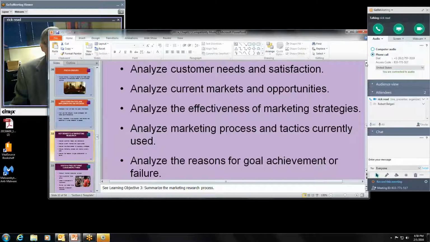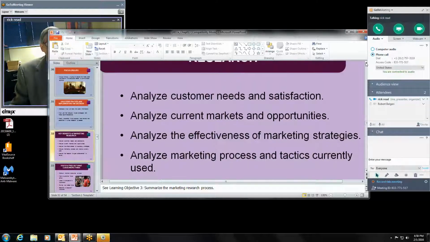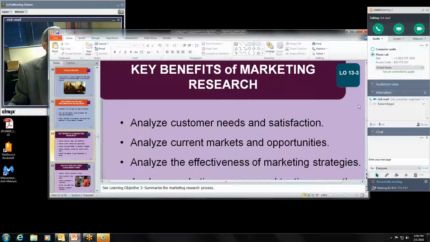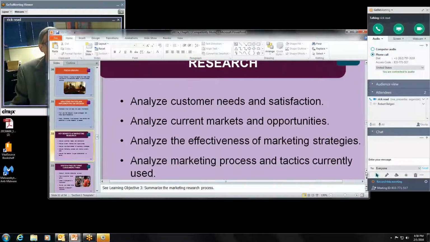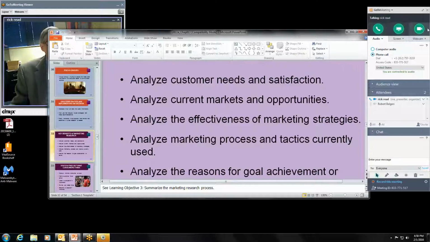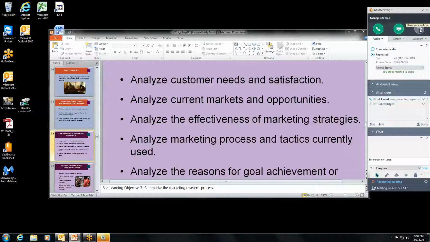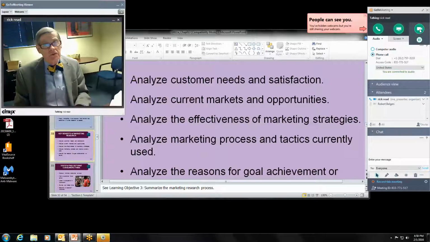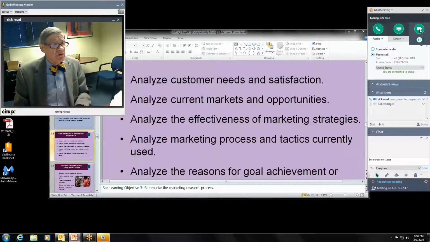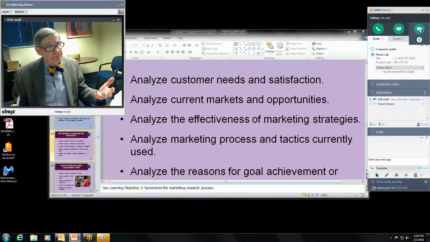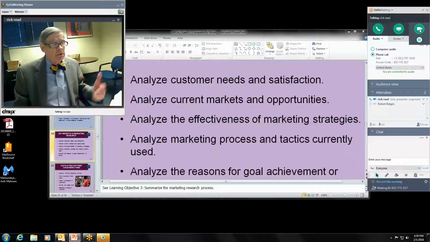Now, just some of the things on this slide here, key benefits of marketing research, are really self-explanatory, and I'm not going to go through all these because you can look at them yourselves and determine what you think is best and what you think is needed or not needed. But again, what you're doing with this research is you're trying to find out what customers want, what they need, what's available.